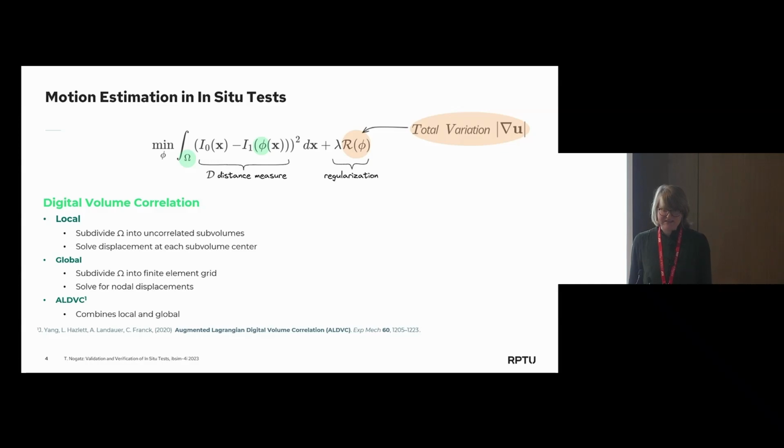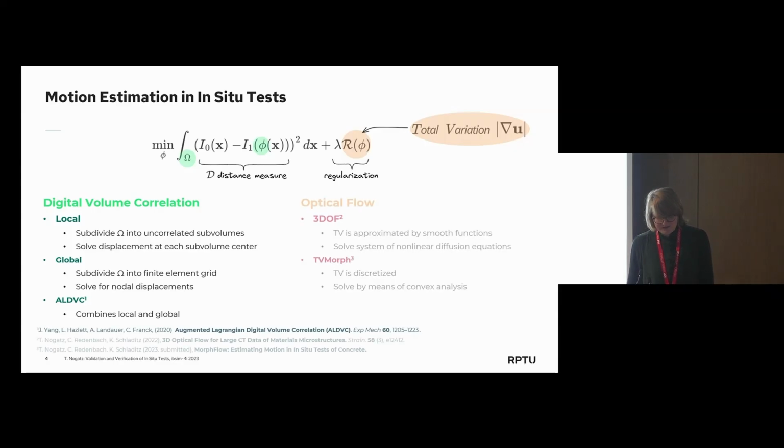And what it does is it removes spurious oscillations, but recovers in normal images edges, so in displacement fields jumps. And that is actually very useful if you think of what you want to see in experiments often. So things like fractures and cracks can therefore be unveiled in the displacement field in the end.